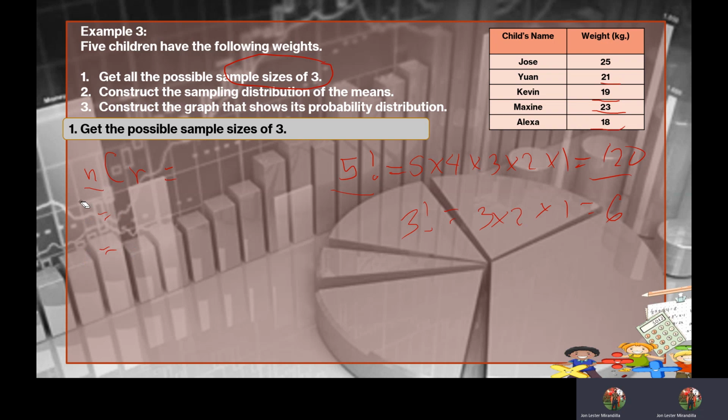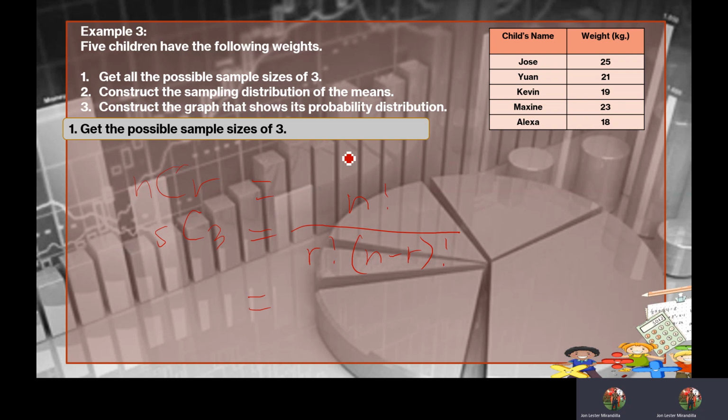Okay, to solve this combination, NCR, which yung N natin is 5, C, R is 3, 5C3 is also equal to N factorial divided by R factorial multiplied by N minus R factorial. Okay, i-input natin yung mga given sa formula.